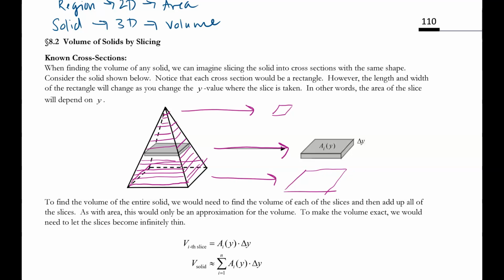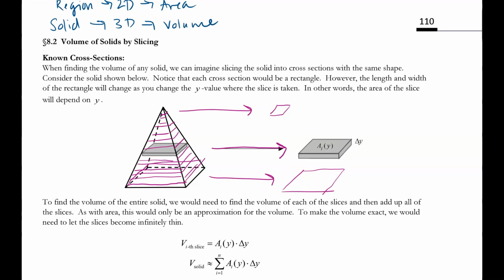So in geometry, you learned a while back that the formula for volume for something like a cylinder or a prism is the area of the base times the height, and that capital B is an area.